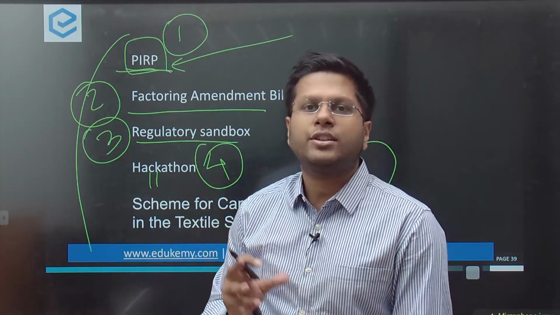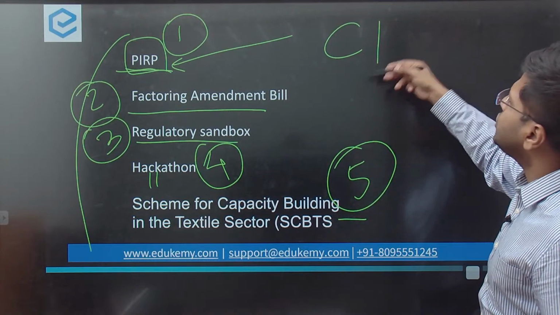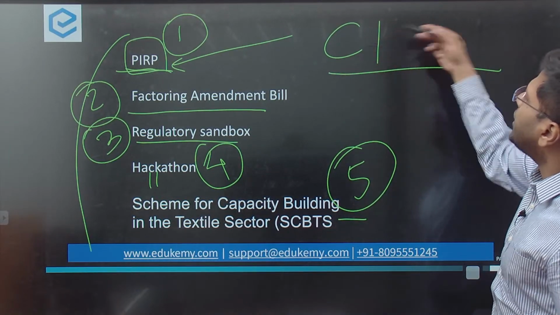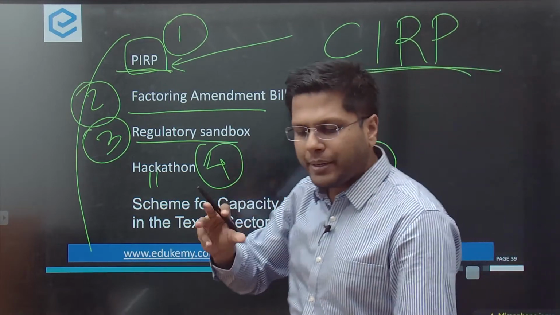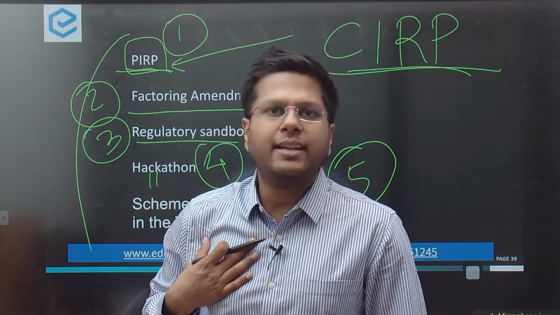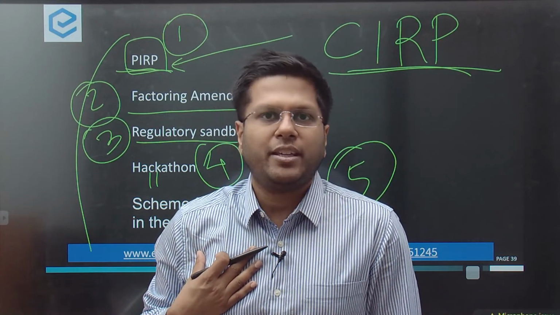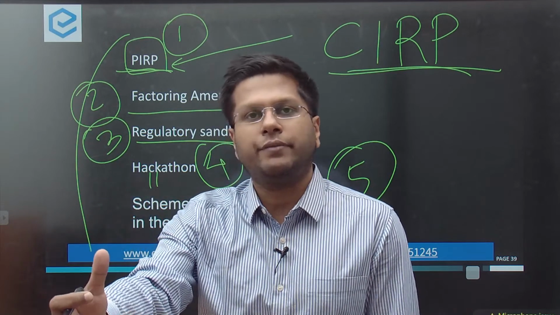So PIRP, what is that? Pre-packaged insolvency resolution plan. Now the insolvency resolution plans are usually called CIRP, corporate insolvency resolution plan. That means whenever any company does not have money to pay back when it had taken a loan earlier, say I had taken 50 lakh rupees from Bhavani and I couldn't refund it.